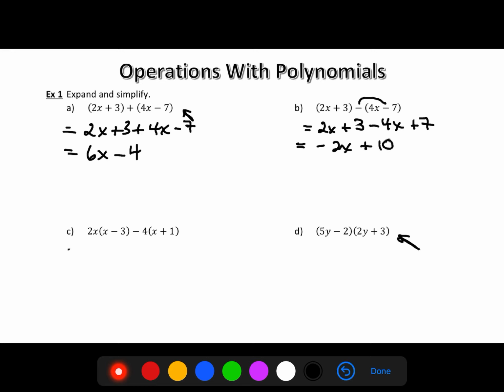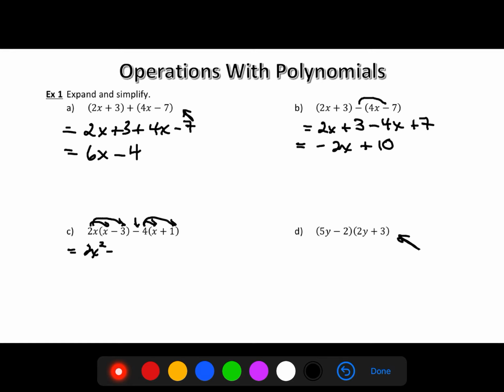Okay? For part C, now we have something in front of our brackets. Remember, we called this the distributive property because whatever is in front of the brackets, we have to distribute into the brackets. Now we also have to watch that we have our minus in front of the second set. So first set, 2x times x gives us 2x squared.